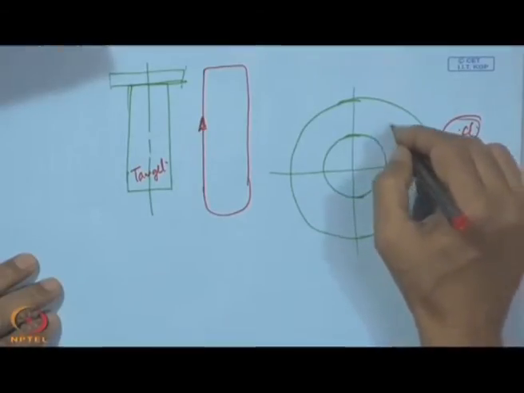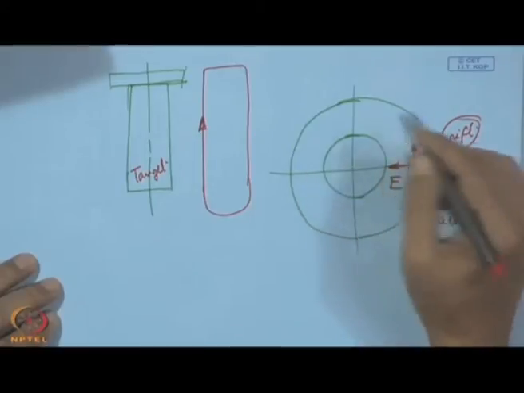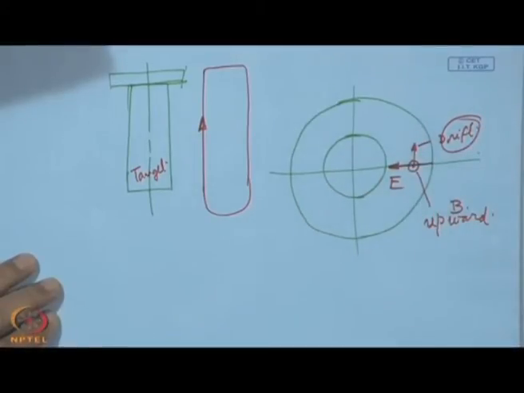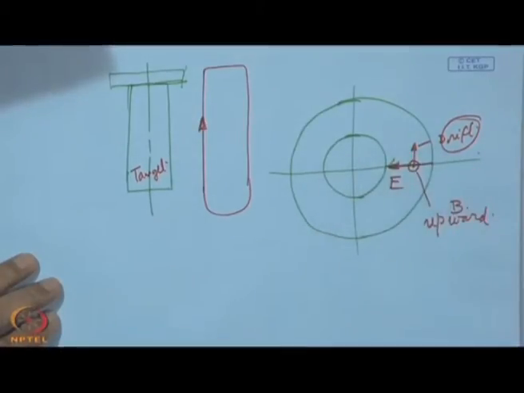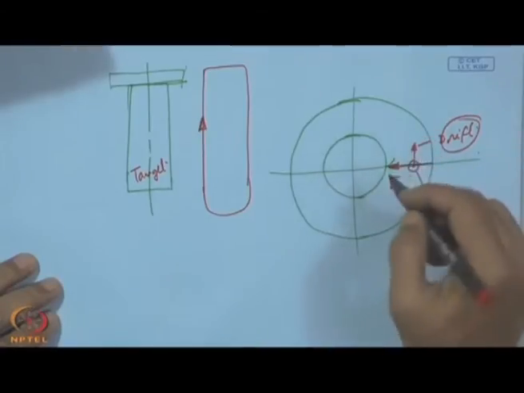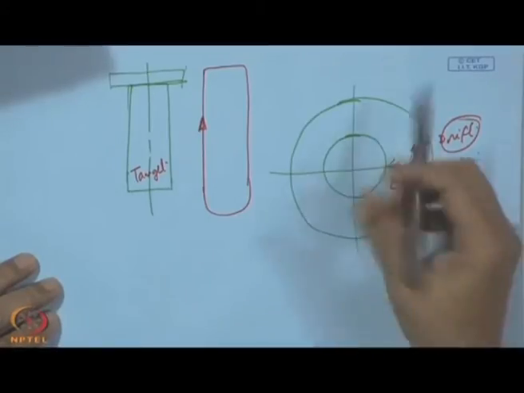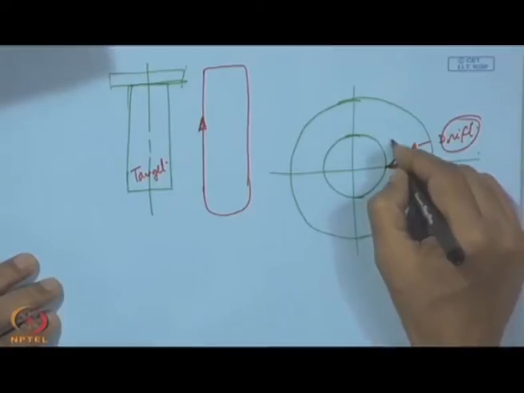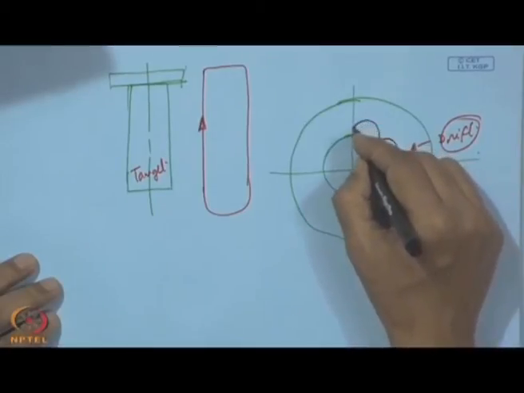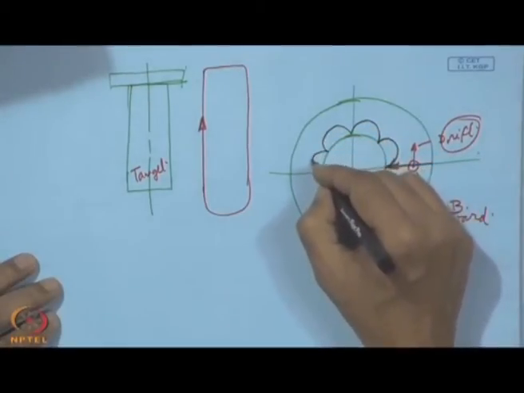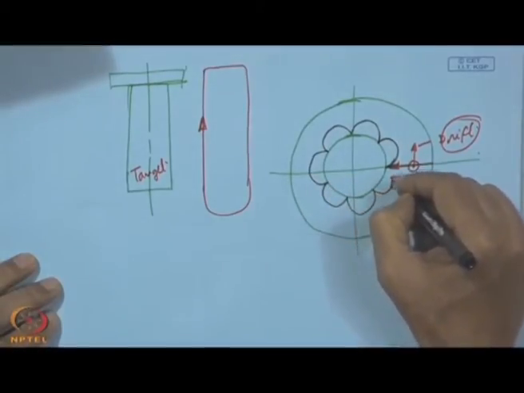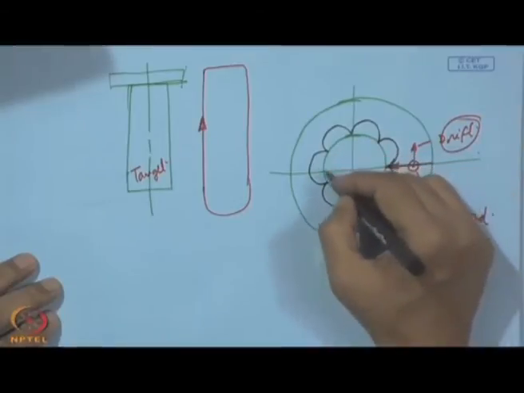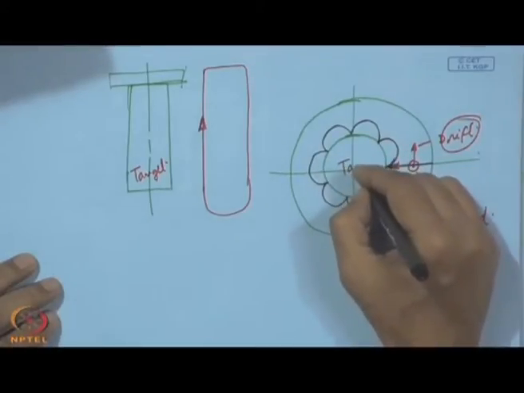So, we have a drift motion which is also circular, but over that we have to superimpose this cycloidal motion. It will be something like this. Let us put it this way. So, this will be the actual path followed by this electron, close to this target or the cathode.